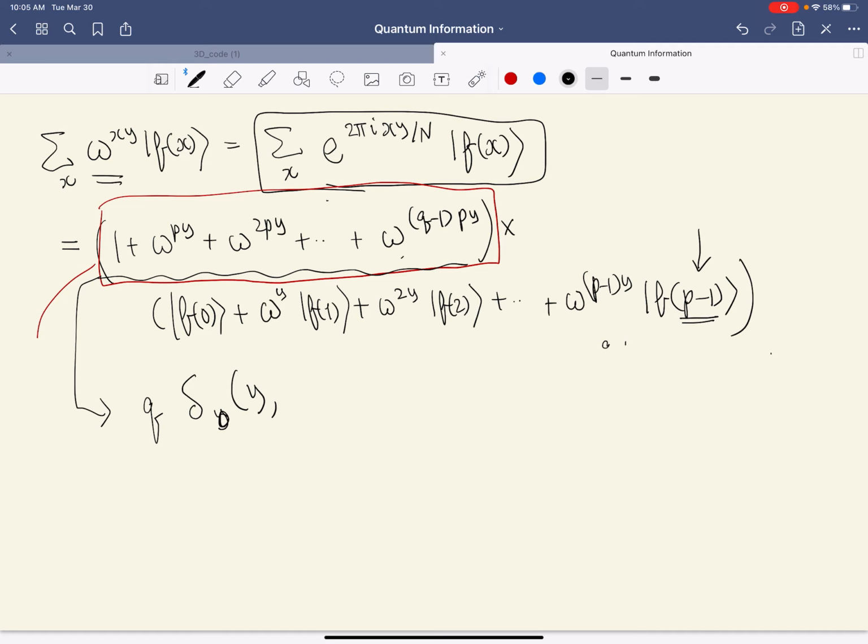And what's the best way of writing that? Let me call this mq. And then that should be multiplied by this f of 0 plus.